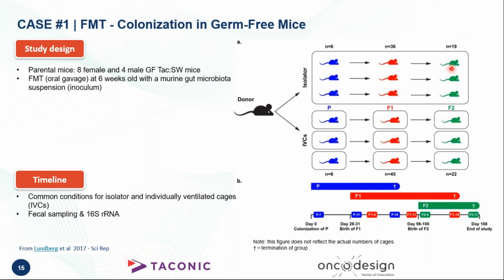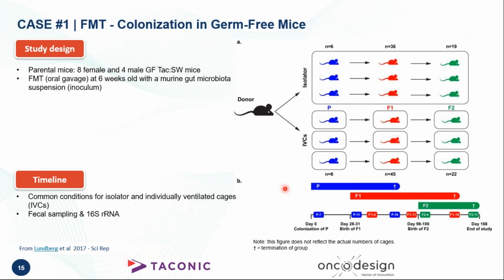Then our timeline of breeding and fecal sampling in figure B, where the respective colonic microbiota were assessed over 3 generations from parental to F1 to F2, over a span of 5 months. The boxes just illustrate the timeline when fecal matter from the different mice were used for 16S rRNA gene sequencing.